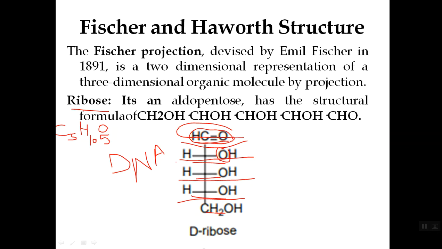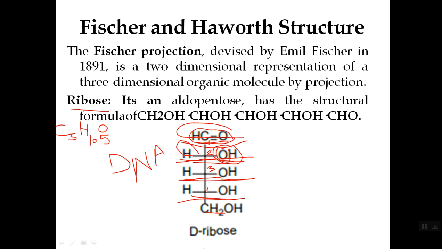The first carbon atom will be having the carbonyl group, and the second carbon atom is having the OH group, the hydroxyl group, towards the right side and H towards the left side. At C3 position it has OH towards the right side and H towards the left side, just like our C2 carbon atom.